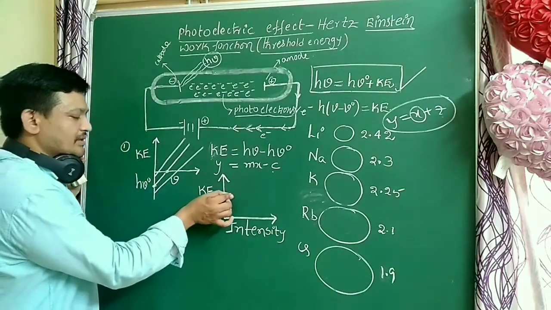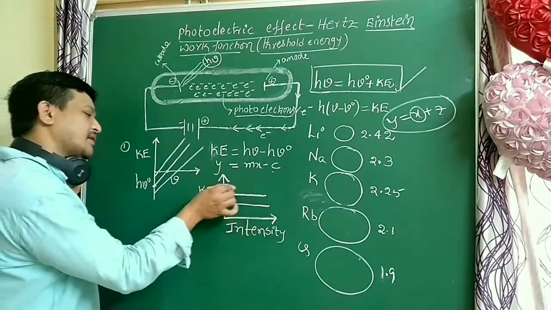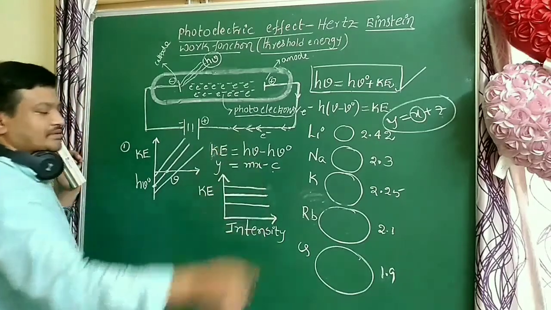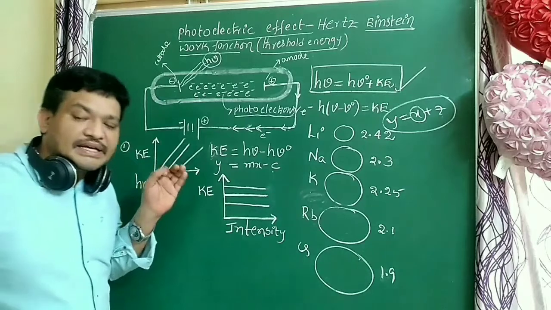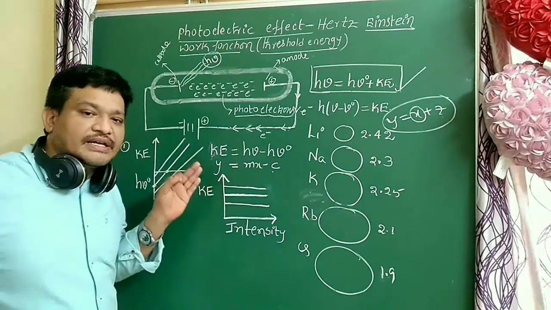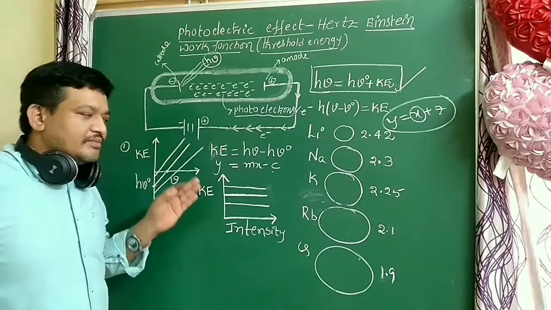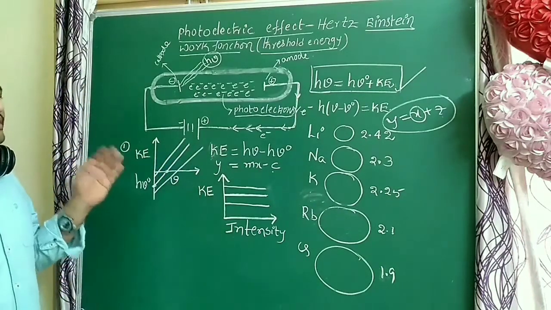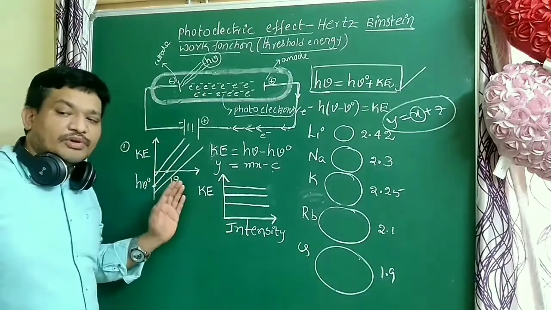So the graph is like this for a particular metal, another metal like this, another metal like this. That is constant. So kinetic energy does not depend on intensity of the radiation, but depends on frequency. That is very, very important, students.